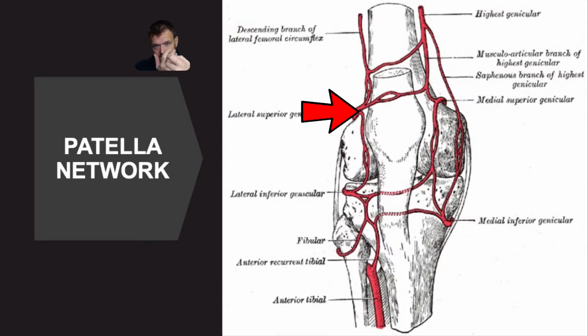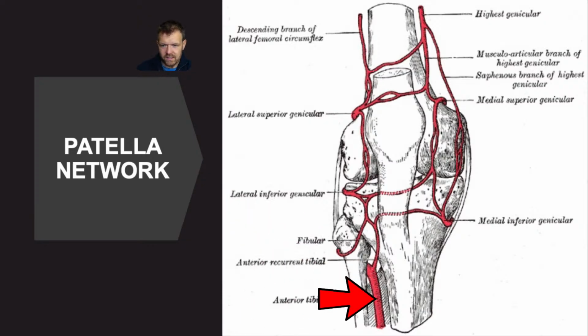As it's gone behind the knee, it then splits, and there are genicular arteries that then supply from the back as well as these ones from the front. So that the whole knee is just surrounded in a network of blood vessels. Then we've also got this anterior tibial branch down here, but then look, just joining in on the action as well, there's a recurrent branch going back to join in with all the genicular ones as well.